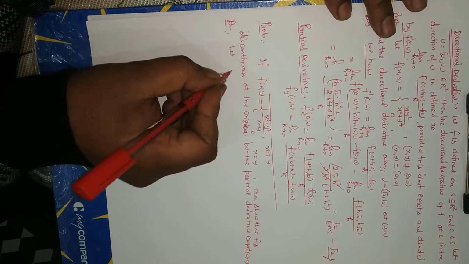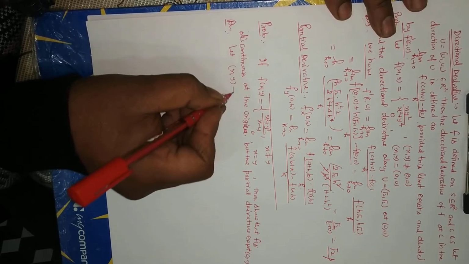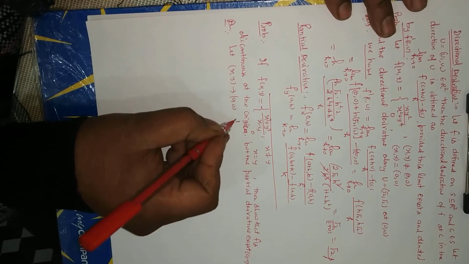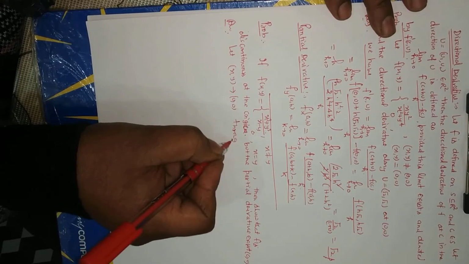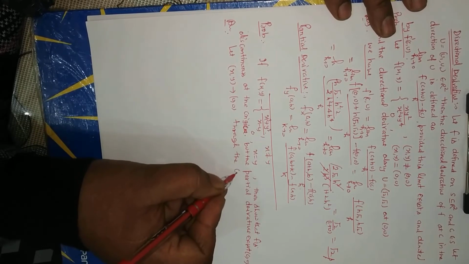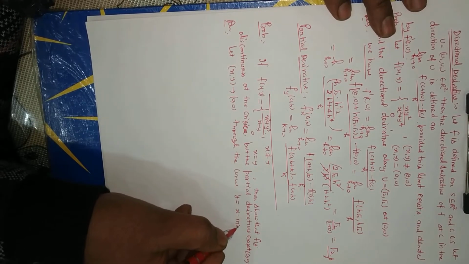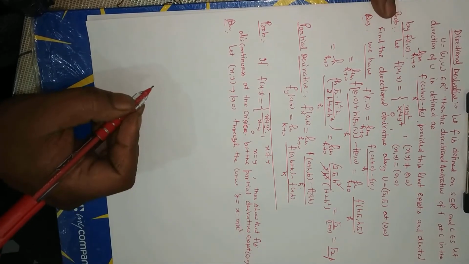Now answer. Let x y tend to 0 0 through the curve y is equal to x minus m x cube. Okay.